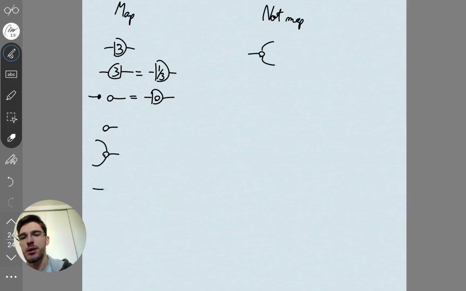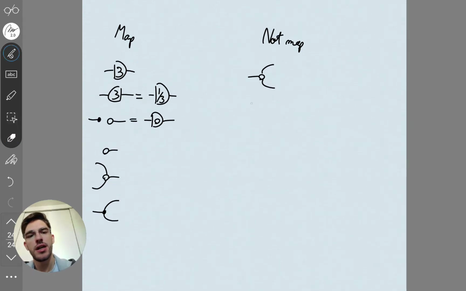Here is something that is a map. Given x, the output is x and x. Map, easy. Here's something that is not a map for a more subtle reason. This is x equals y equals z.